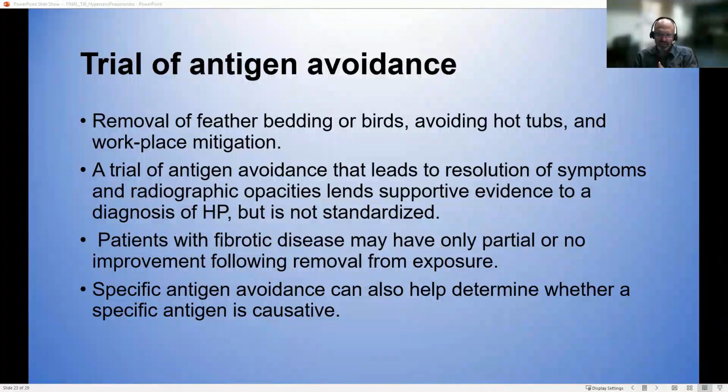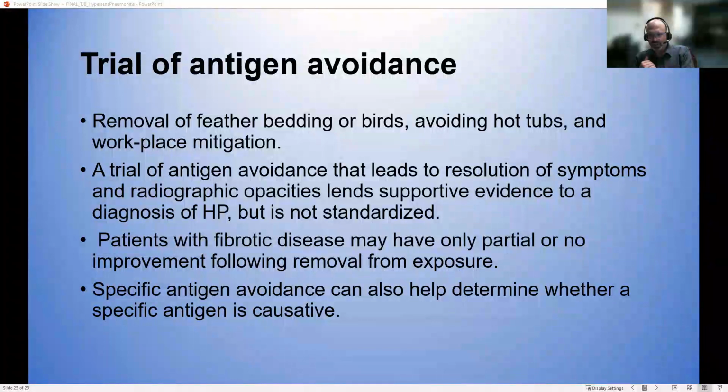Antigen avoidance is a main piece of this treatment. So maybe it's as simple as removal of feather bedding or birds in the home, avoiding hot tubs, and workplace mitigation. Can they be in an office that's further away from the exposure? Can they be in the control room versus out on the floor?